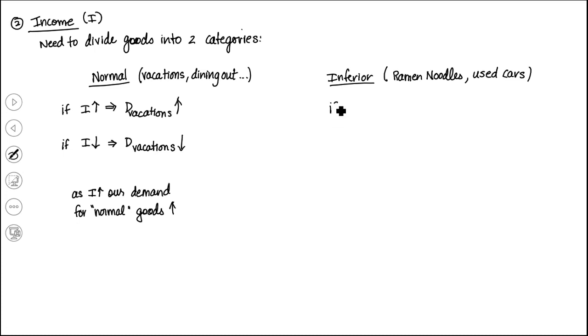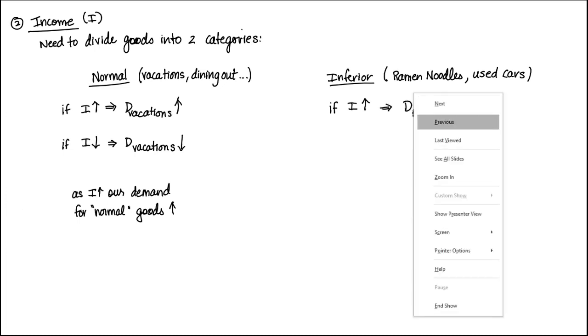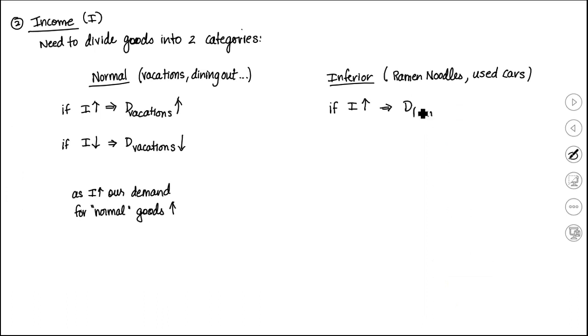So the way this would work, if our incomes go up, our demand for, we'll use ramen noodles, for ramen noodles goes down. And our demand for used cars goes down, right? Bill Gates probably does not drive a used car.